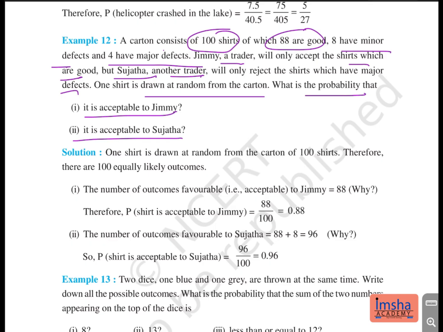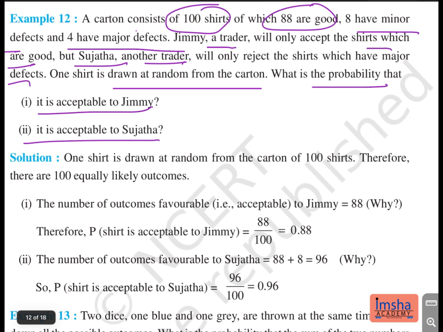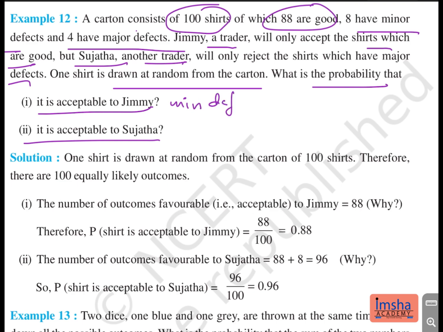So what Jimmy is not accepting is minor defects and major defects. And what Sujata is not accepting is only major defects.